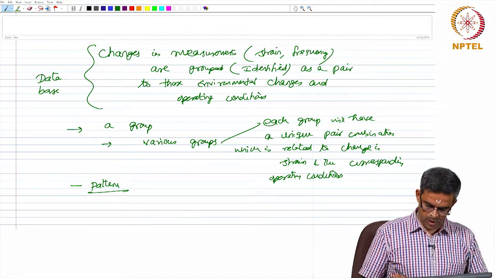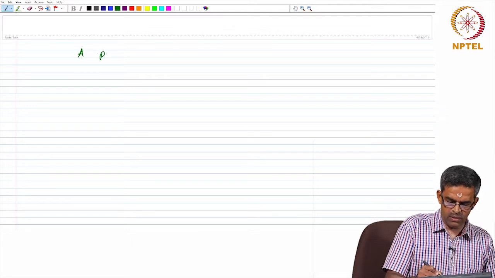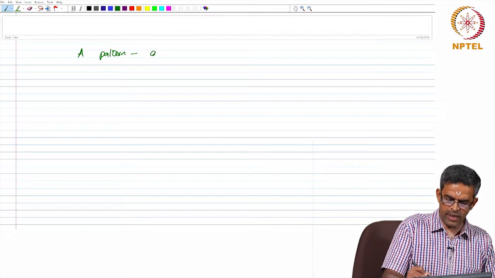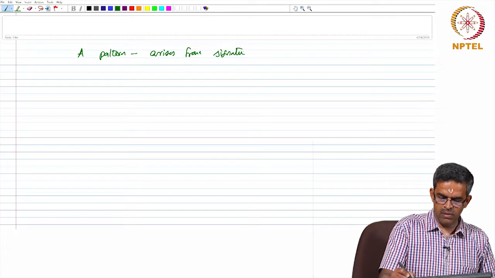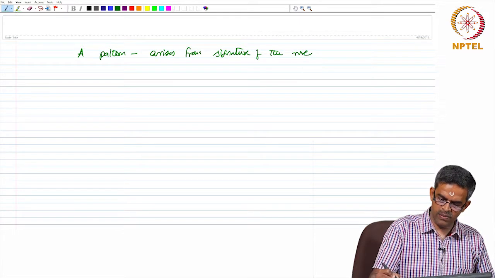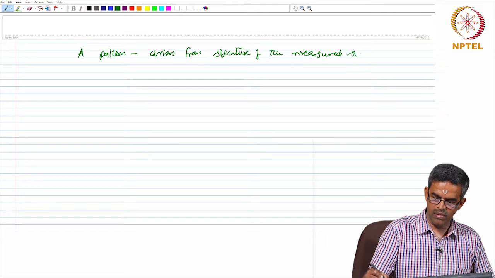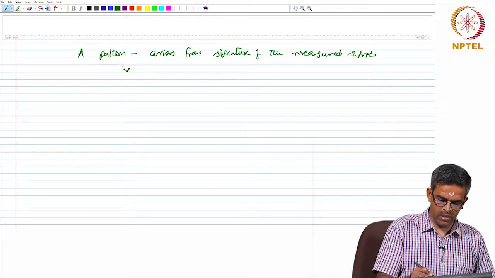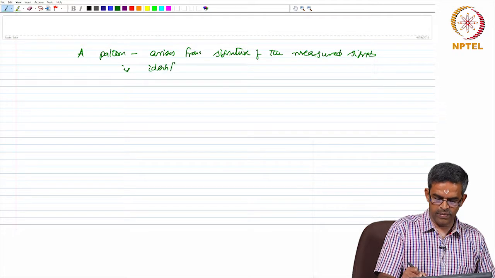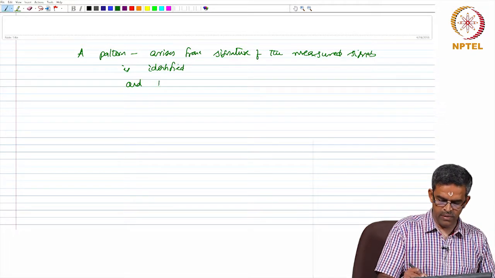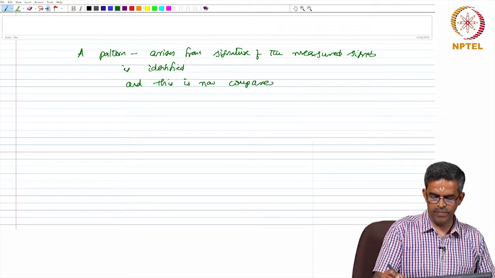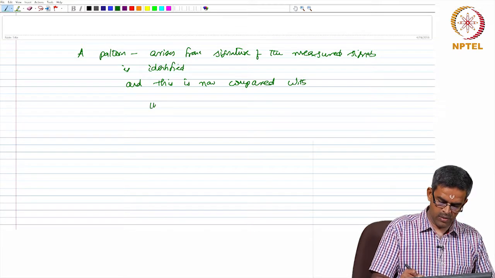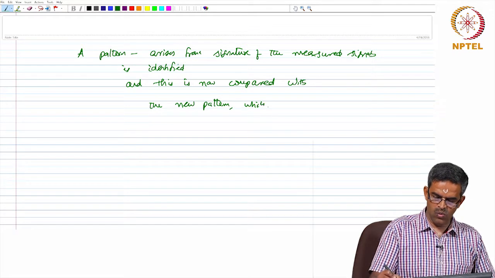So, now a pattern which essentially arises from the signature of the measured signals is identified and this is now compared with the new pattern which is being recorded.